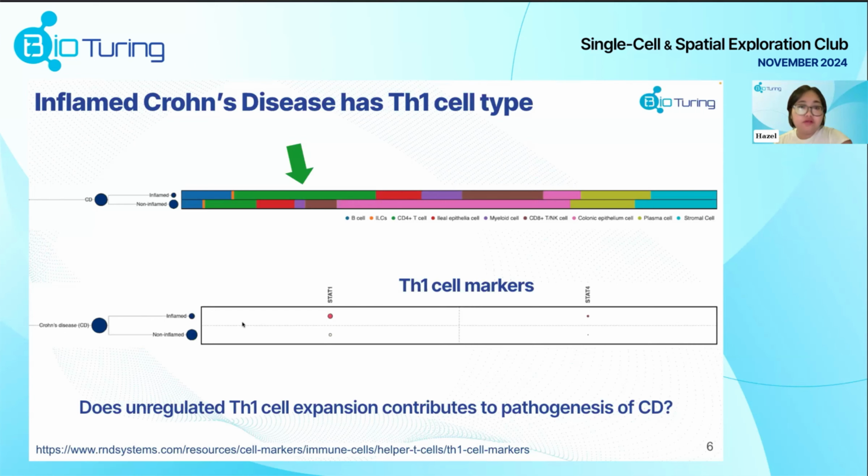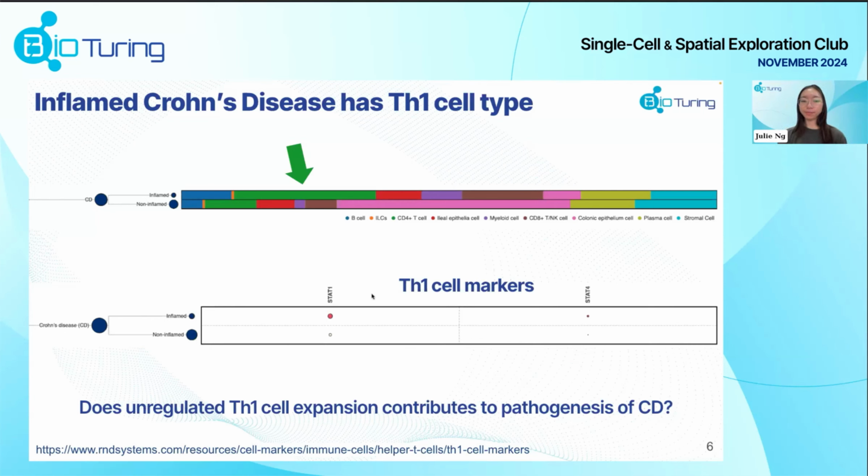Okay. So from the first finding, you find more immune cells in the inflamed region. Now you go deeper into the cell types within that enriched population, and you find Th1. Is that a subtype of T cell? Yeah, Th1 is a subtype of the CD4 T cells.